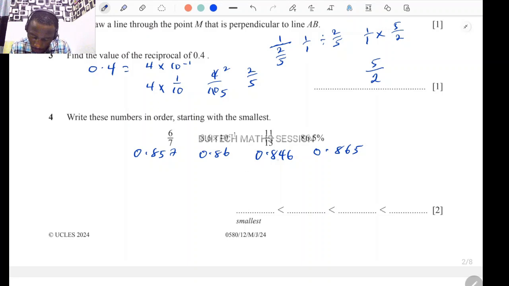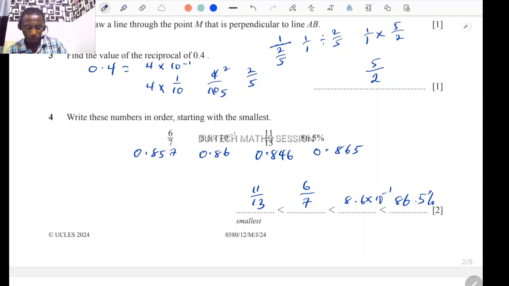The lowest here is the one that started with 0.84, which is 11 over 13. The next one is the one that started with 0.85, which is 6 over 7, followed by the one that starts with 0.86, which is 8.6 times 10 to the negative 1, and finally we have 86.5%. That is what they want you to do there.